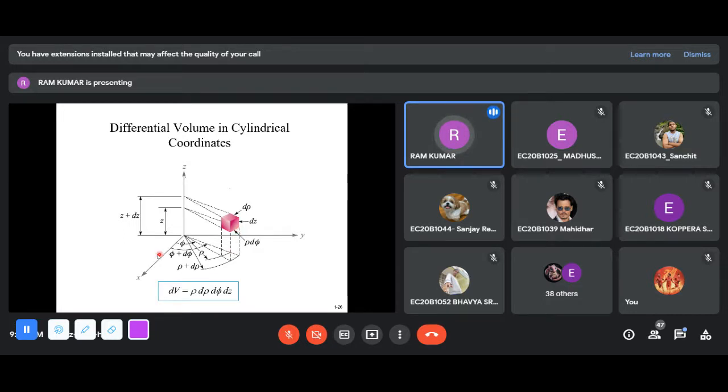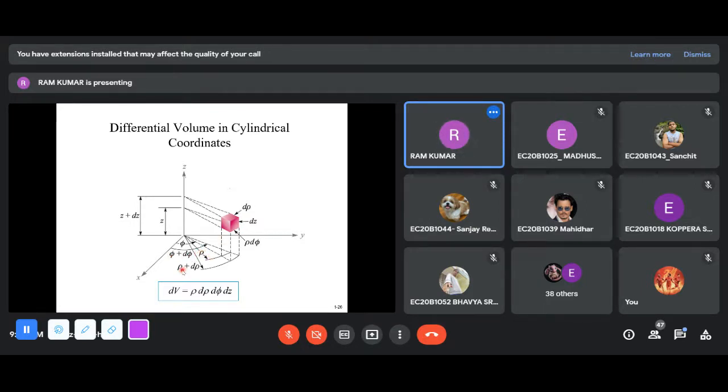That's what we indicated as phi plus d phi. So the phi angle is the angle between the x-axis and this line, and so is its volume.